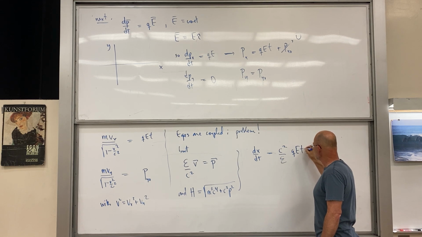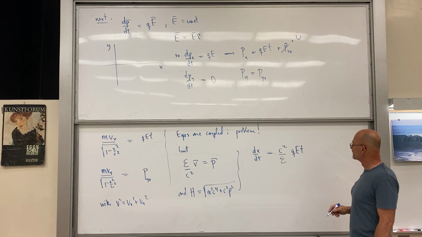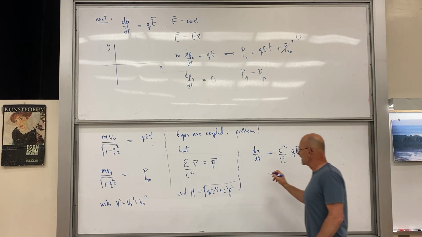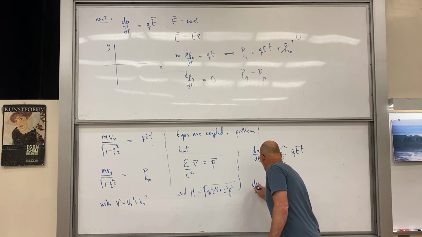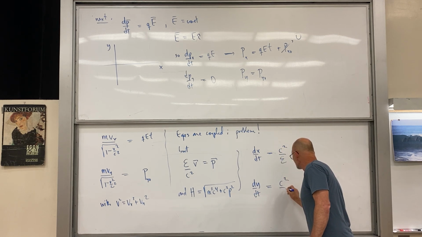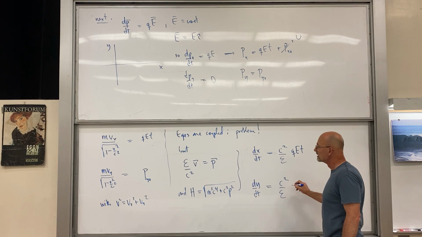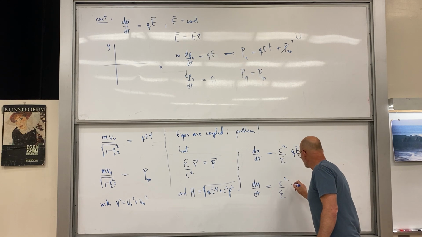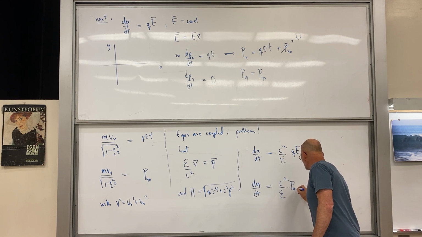And we have dy/dt is equal to c squared over E times p_y0.